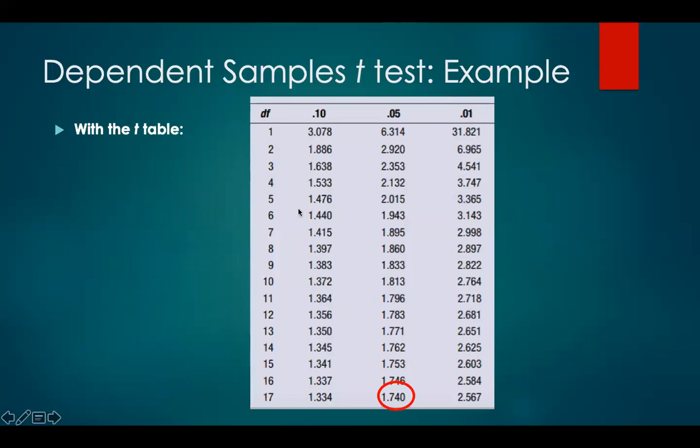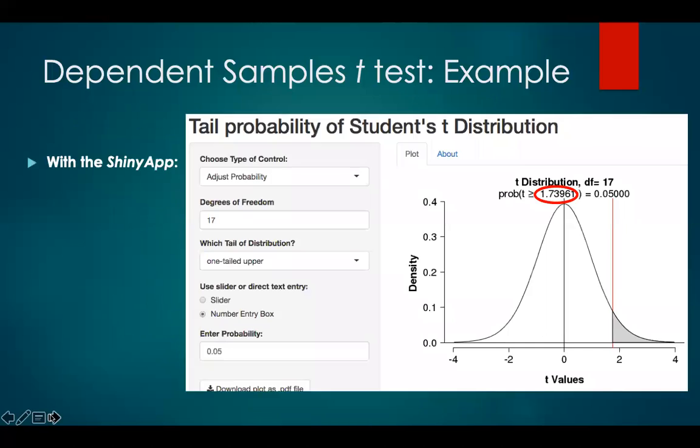If we're using our t-table, we look in that 0.05 column, look down to 17 degrees of freedom, and this is the t-score we would need to have or higher in order to reject our null hypothesis. If we use the Shiny app, we adjust probability, enter 0.05, and 17 degrees of freedom, one-tailed upper, and we get that 1.73961 cutoff score.